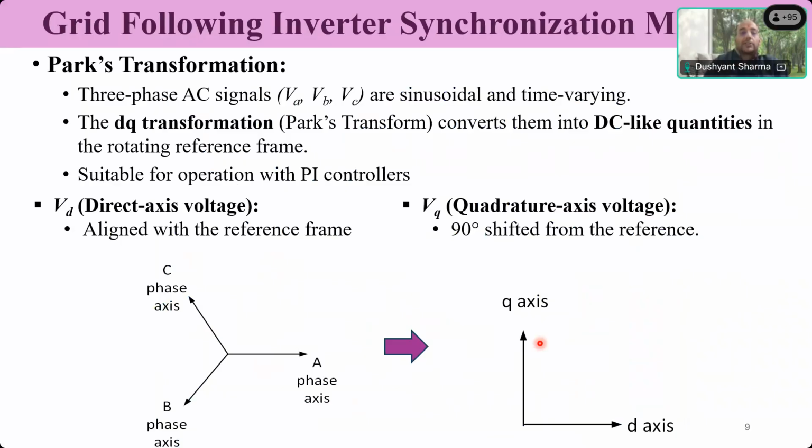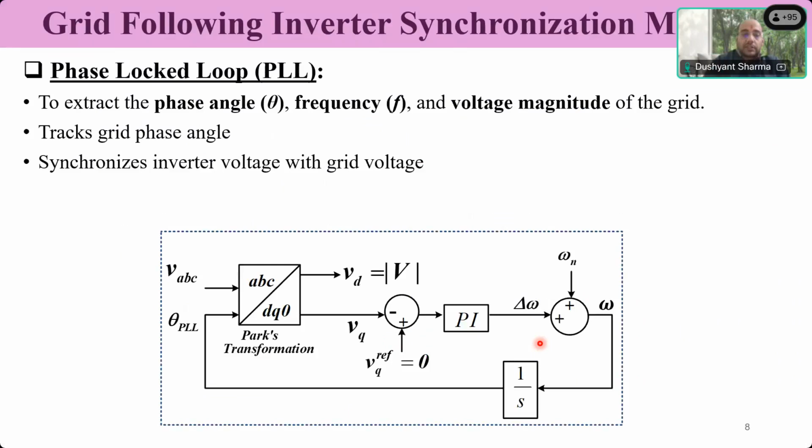Nothing will change. So mathematical interpretations are in our hands. This conversion from ABC to DQ can be done in different ways. Some may say we can align the voltage along the D axis. Some may say that we can align the voltage along the Q axis. There can be different variations of it. But in principle, the things remain the same: one axis will be aligned, one axis will be zero.